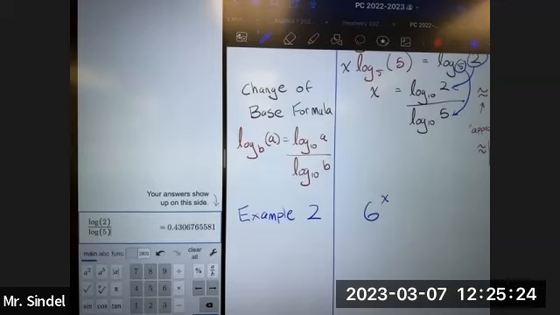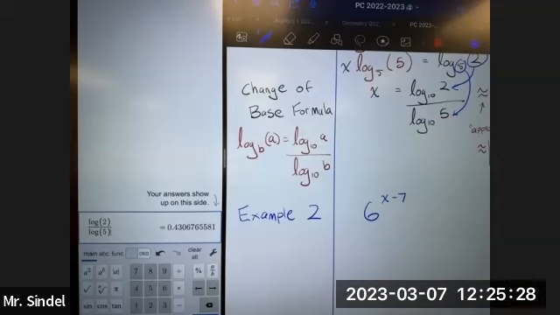Chloe, shout out a negative number. -7. And then let's make it slightly more difficult. I'm going to multiply this out front by another number. 2. And I'm going to make that equal to 5. There's a problem.